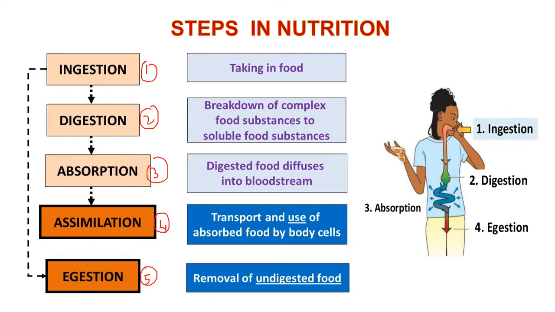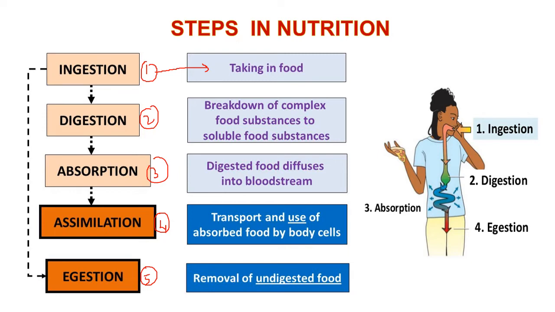When we talk about ingestion, it is actually taking in food, like eating, either by mouth or by absorbing the food by any other means. So taking in of food comes in the category of ingestion. We'll discuss them one by one.